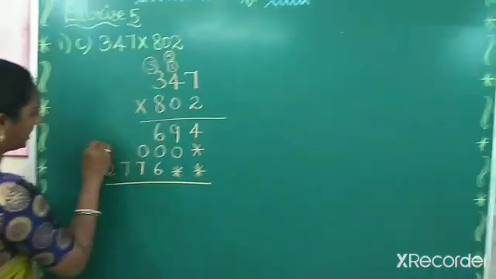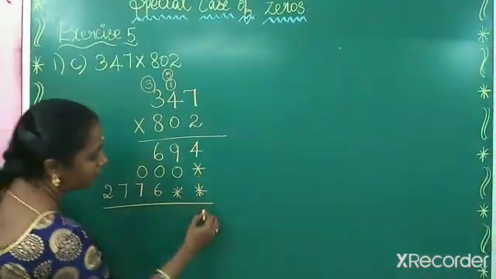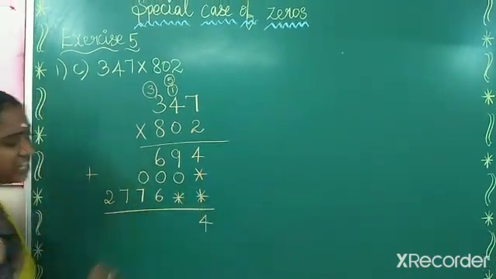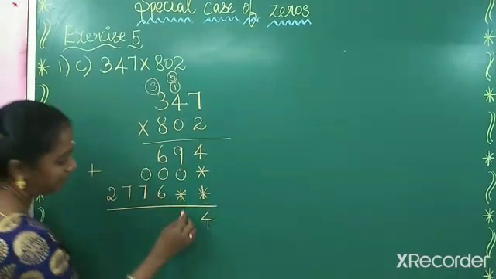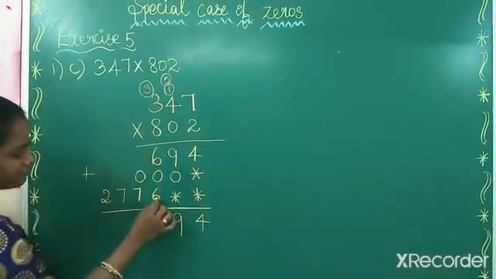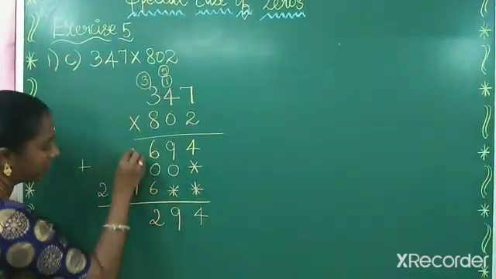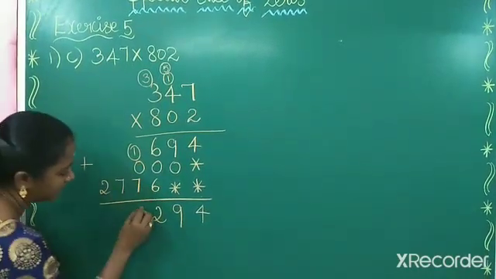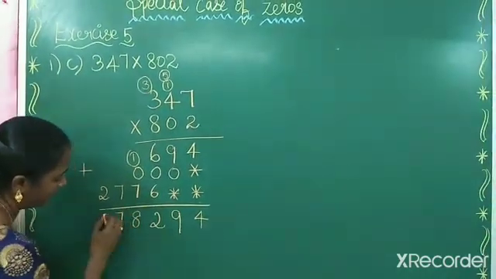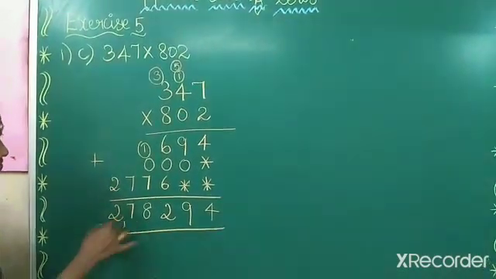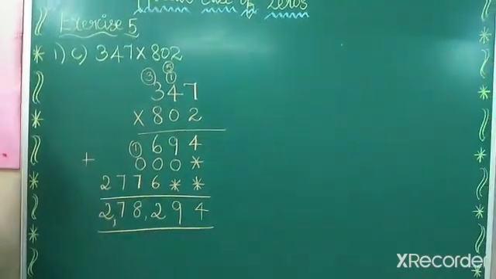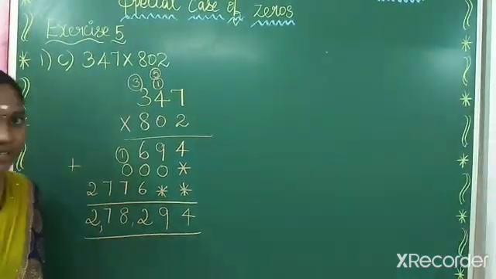Now add all these numbers. 4, it is nothing but 0. Okay, so 4 plus 0 is 4. 9 plus 0 is 9. 6 plus 6 is 12. 7 plus 1, 8. So 7, 2. So this is the answer. 2,78,294.